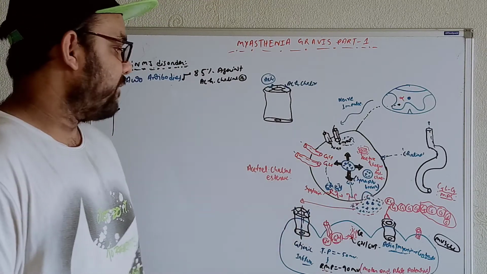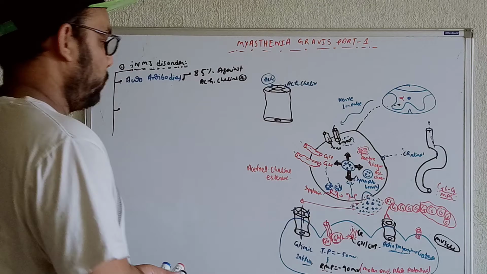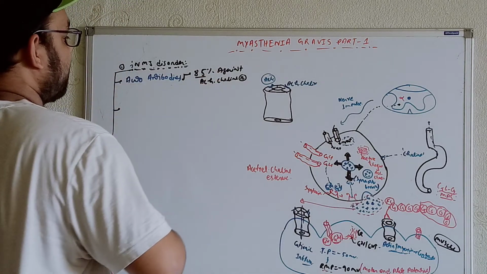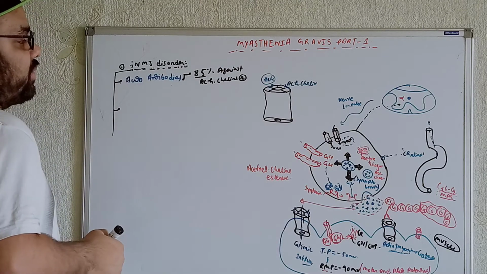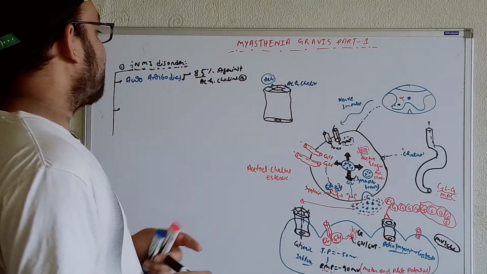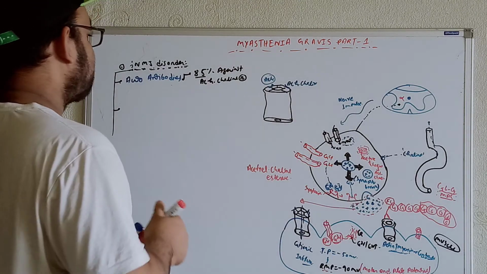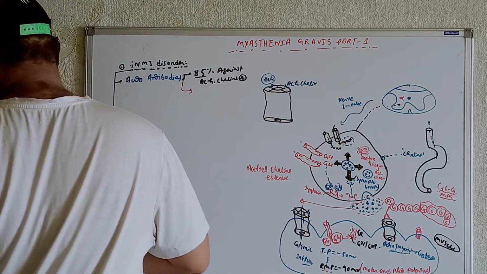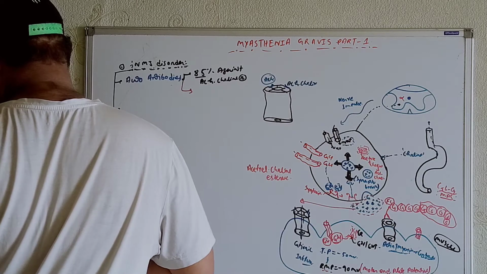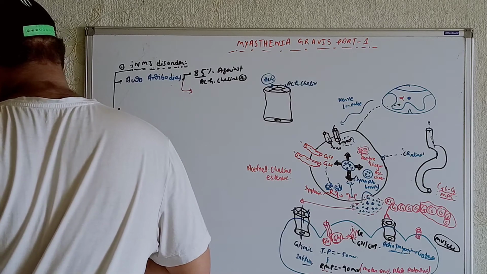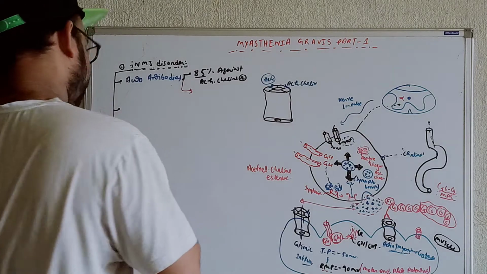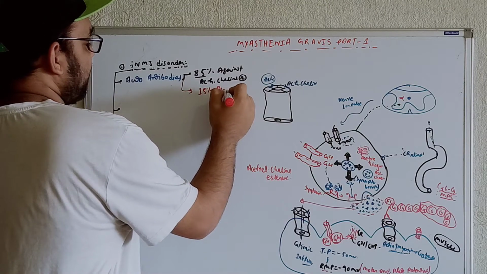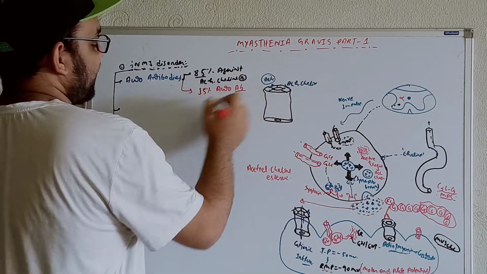Is that okay? Now, what about the other disease? I just mentioned the 85% of cases where we get production of autoantibodies against the acetylcholine receptors. In 50% of cases, we will get the production of autoantibodies against other proteins.